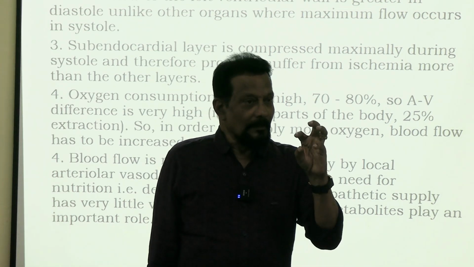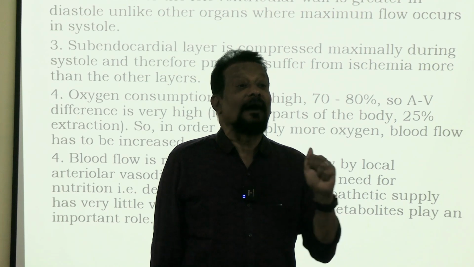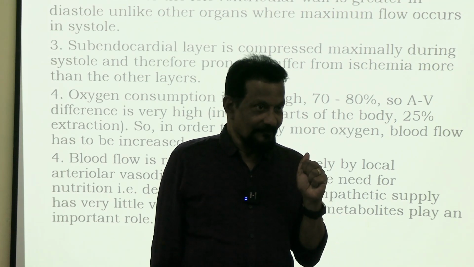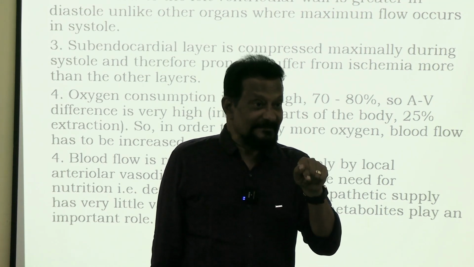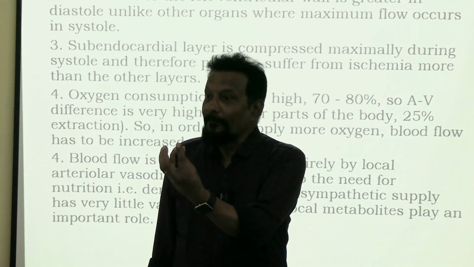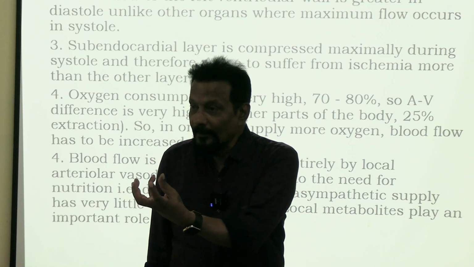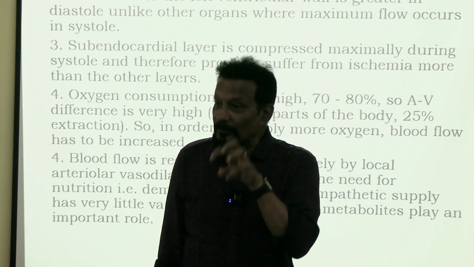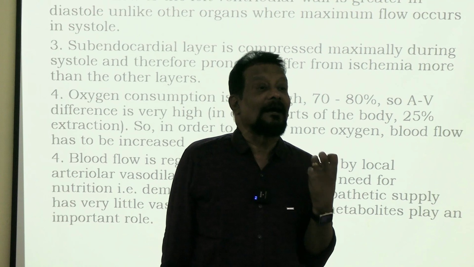Its consumption rate is very high. If you compare other tissues, how much they consume per 100 gram and the heart per 100 gram, it is much more for the heart.